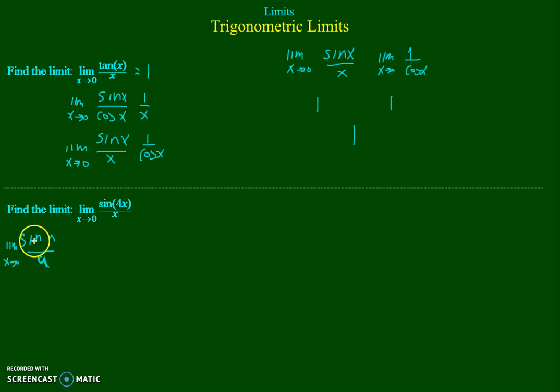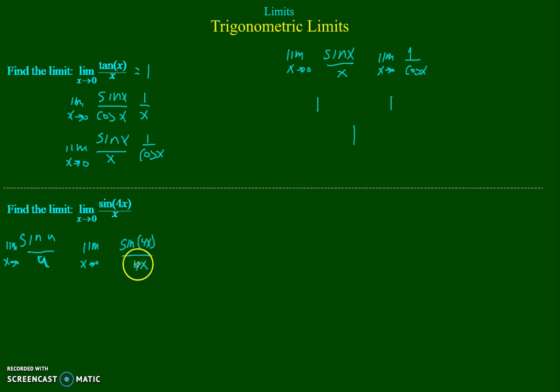So we want the limit of sine of u divided by u as x approaches 0. That's what we want to change this into. So we've got to think, what do we need to do to this to put it into this form? Well, that's all we really need, is a 4 in the denominator here. So we can rewrite this simply by saying that the limit as x approaches 0 of sine 4x over 4x.